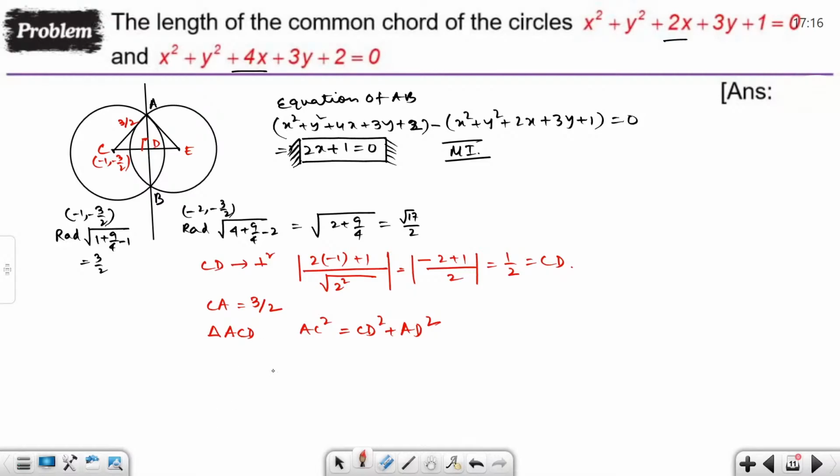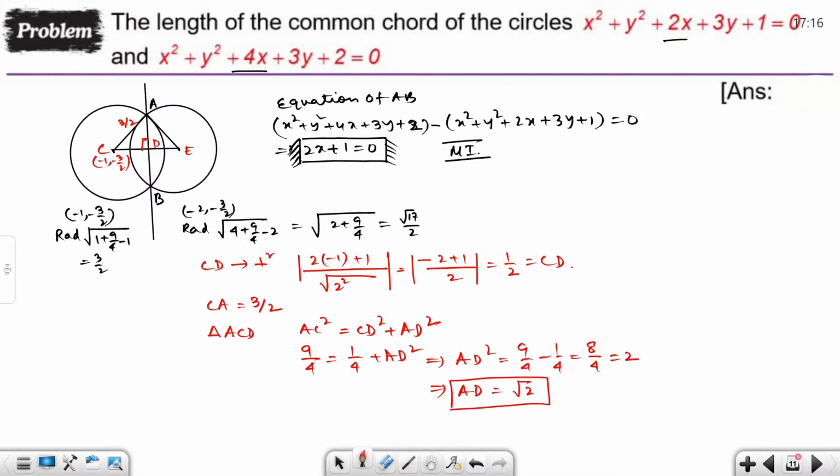Correct? What is AC square? 9 over 4. What is CD square? It's 1 over 4. So what is AD square? Gives us 8 over 4, that is 2. So from here we can write your AD is nothing but root 2. So what is the length of AD? It is nothing but root 2.